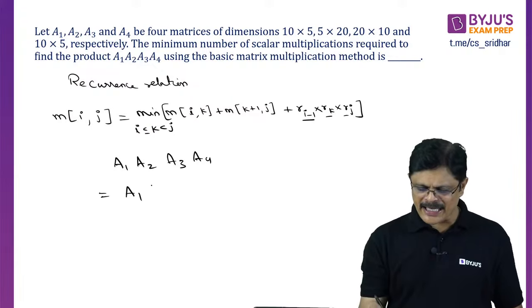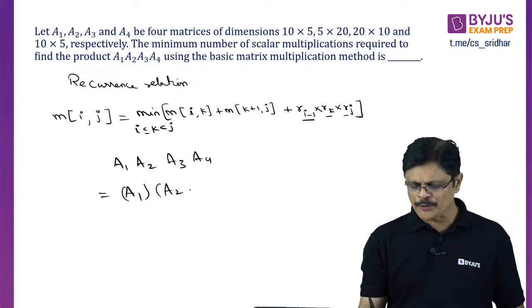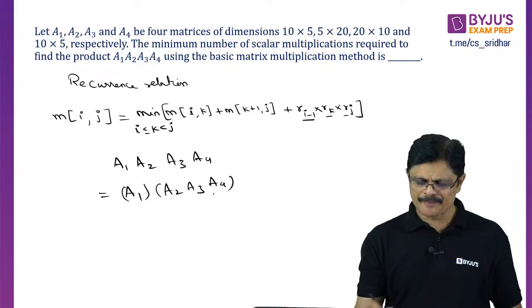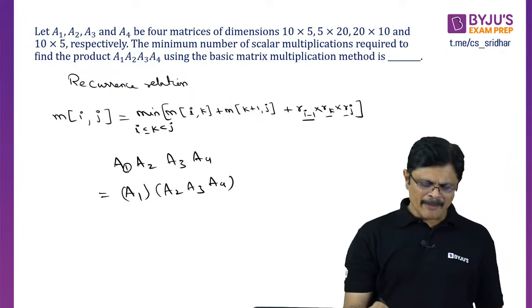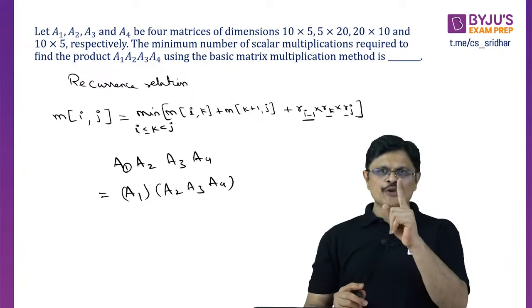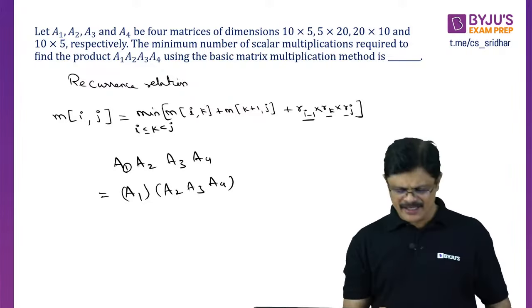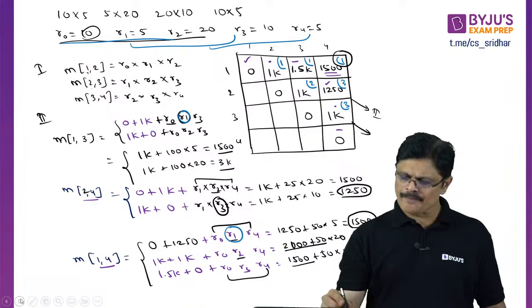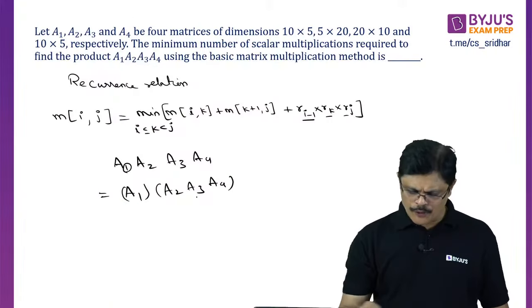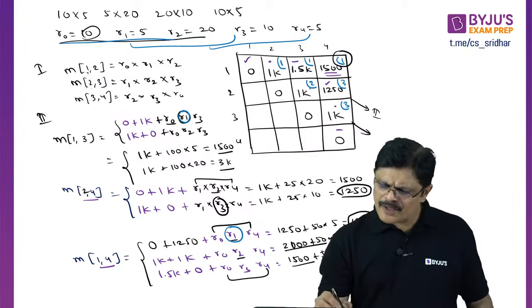That is, first you write A1 and then A2, A3, A4. So you see for 1 to 4, the minimum value is 1, that is the value at which you cut is 1. That is the A1 value. The other part is A2, A3, A4. Now see 2, 4. Where is 2, 4? It is this.